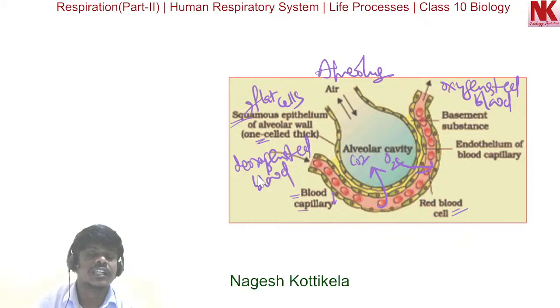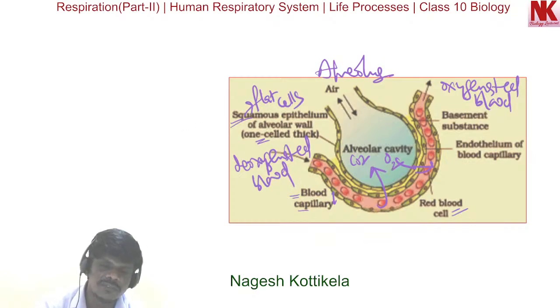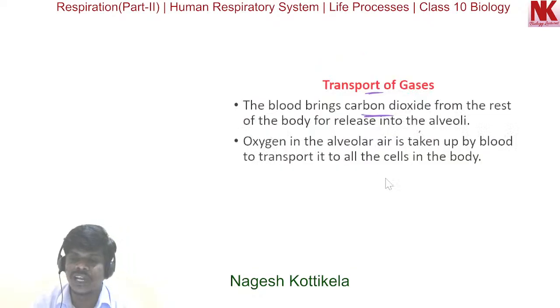The blood coming from different parts contains deoxygenated blood, it contains carbon dioxide. That is brought here to the alveoli, and in the alveoli the gaseous exchange process will occur.